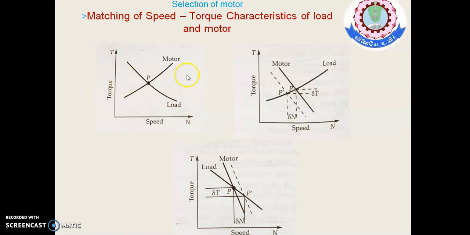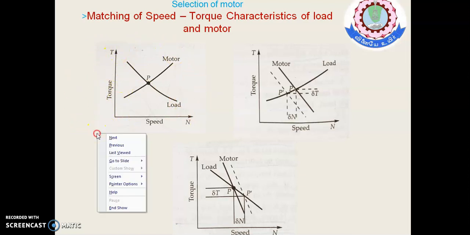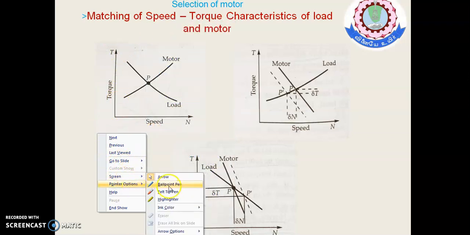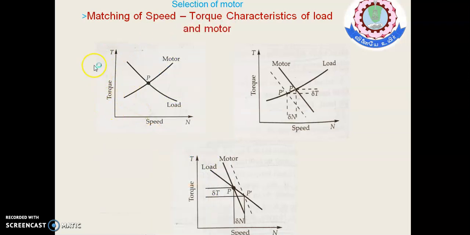For example, consider this particular picture, where this is the motor characteristics and this is the load characteristics.